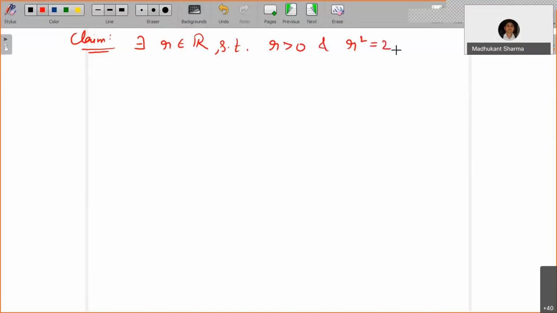Positive. That we want to establish now. So let's define the set S, the set of all real numbers x which are greater than 0 and x square is less than 2.